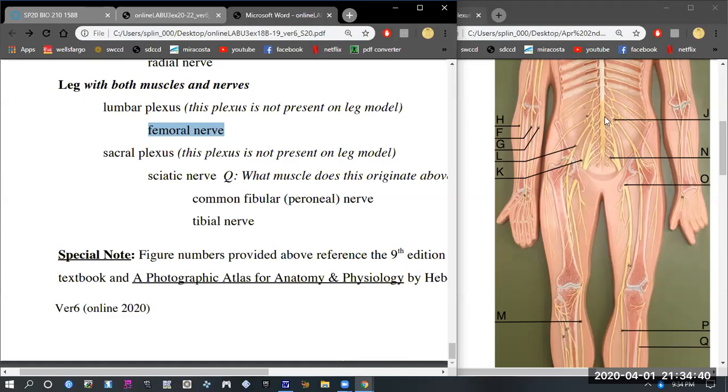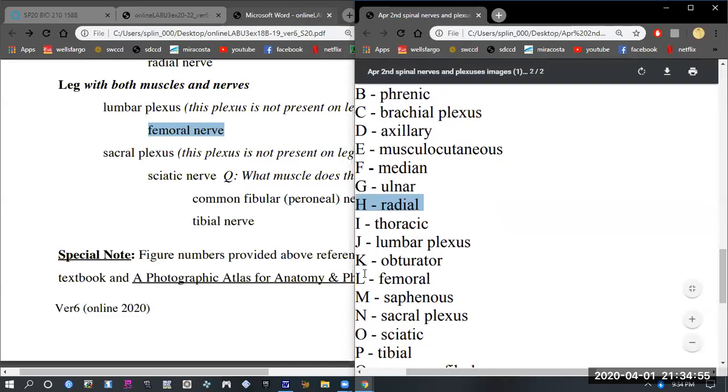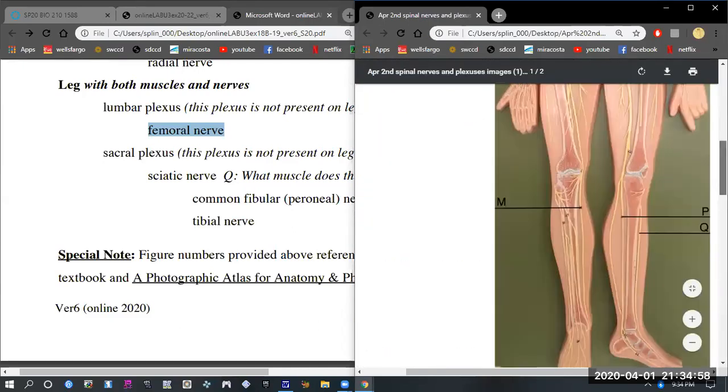It just happens to be labeled on the opposite side. And then that's where we're seeing the location of that femoral nerve. So it looks like this letter L coming down right here. And we could just check that key. There we go, femoral nerve right by the head of the femur.